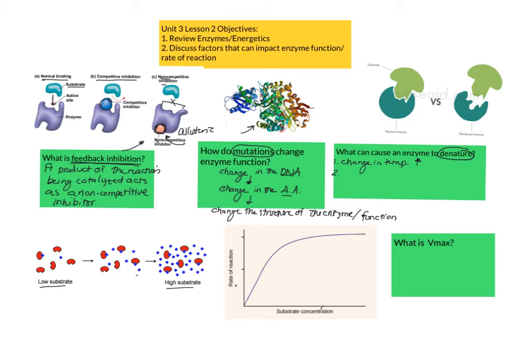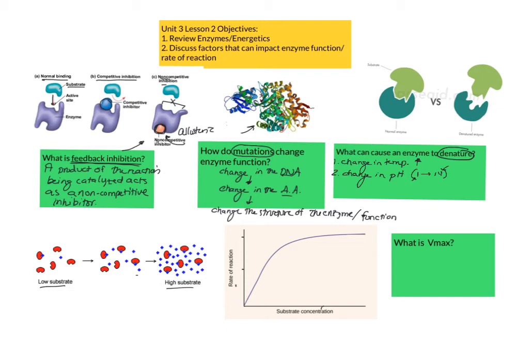Okay, the second thing that can cause an enzyme to denature is a change in pH. And if you remember, pH is a scale from 1 to 14, with 1 referring to conditions that are acidic or very acidic, and 14 referring to an environment that's very basic.